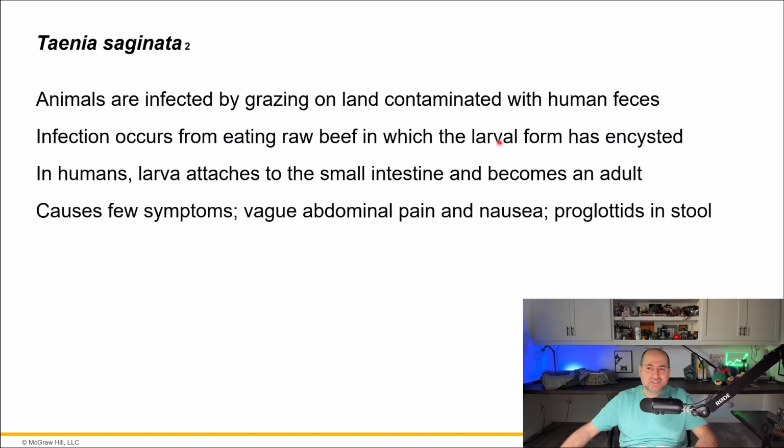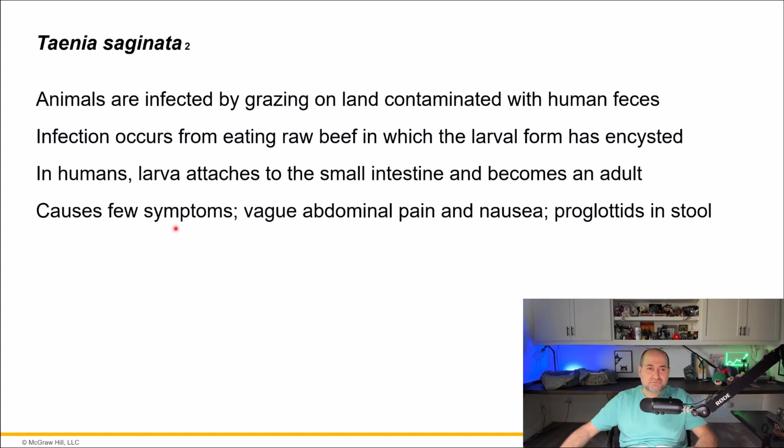If you ingest it, the larva travels to your stomach where the cyst breaks open. In humans, the larva then attaches to the small intestine to become an adult. And remember, once it becomes an adult, it can form fertilized eggs because it's hermaphroditic.